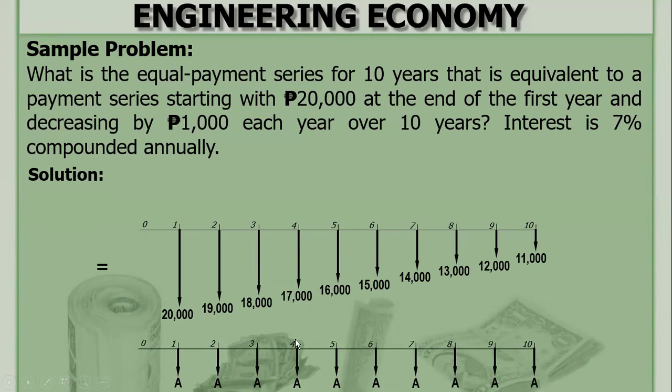What's the value of A? To find the equivalent series, what we are going to do is solve for P for this series and then use this value of P. So given P, you solve for A. So we use the ordinary annuity formula. So first, solve for P for this gradient series and then equate this P to the present worth of the equal payment series.